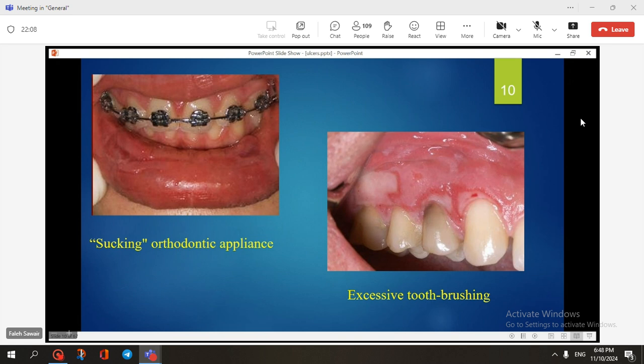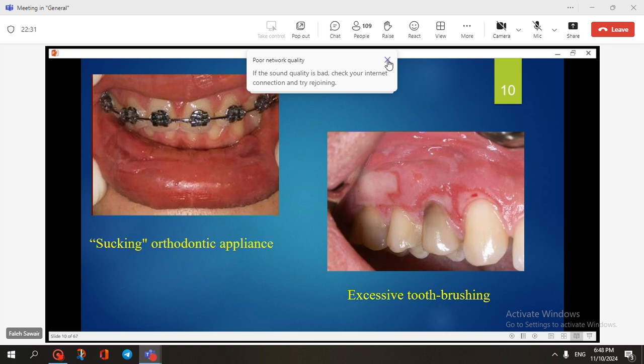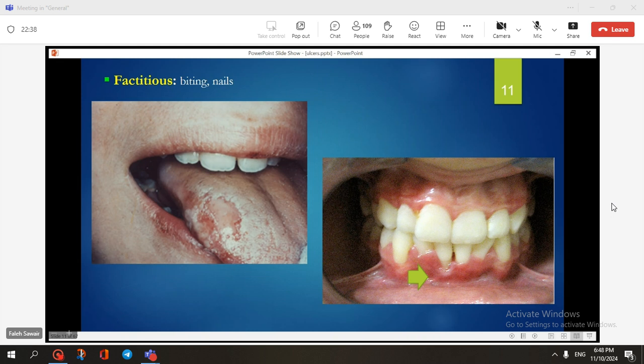Also, excessive tooth brushing. Sometimes patients, because they have a fear of poor oral hygiene, try to do excessive tooth brushing, and this will cause ulceration. Patients with anxiety or depression can bite on their tongue or lip, and they induce the ulcers by themselves.